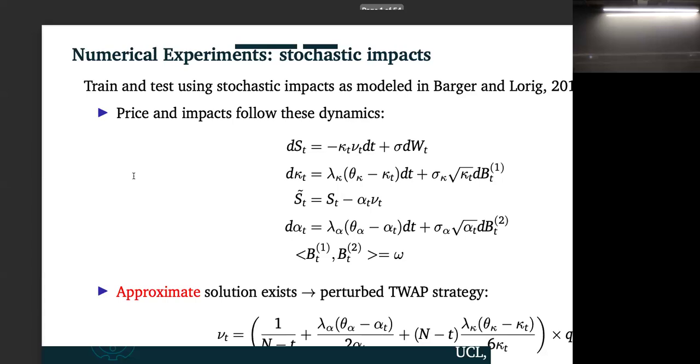So what this guy did is to solve this optimal execution problem under the assumption that the deviation of the impact parameter from the equilibrium value is small. Small fluctuation of liquidity around the long-term values theta k and theta alpha, and this is the optimal solution.